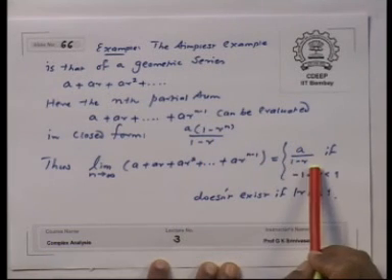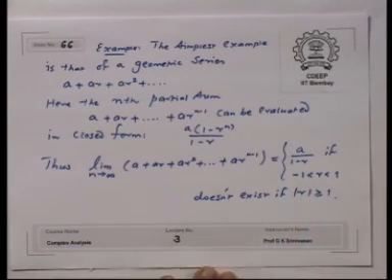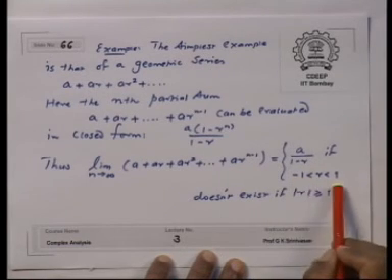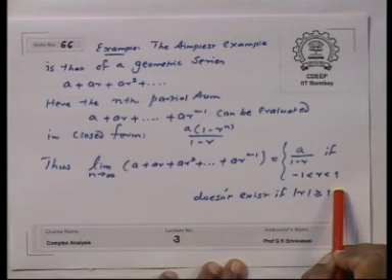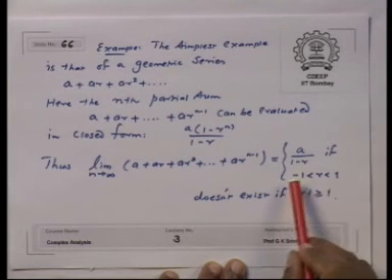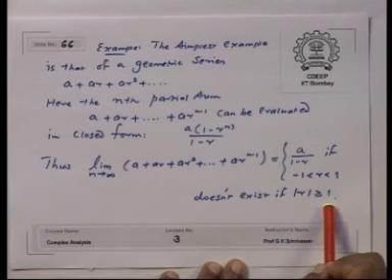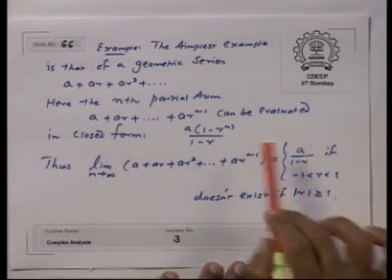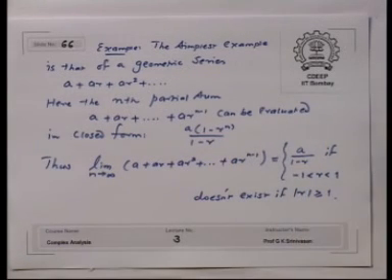A by 1 minus r, because r to the power n goes to 0 as n tends to infinity when r is strictly in the range minus 1 to 1, and the limit does not exist if r is not in this range. If mod r is bigger than or equal to 1, the limit does not exist, and so the infinite series does not have a sum.